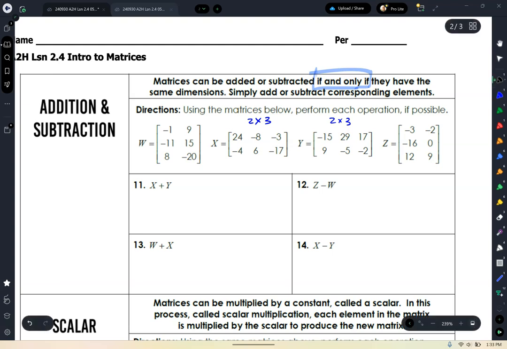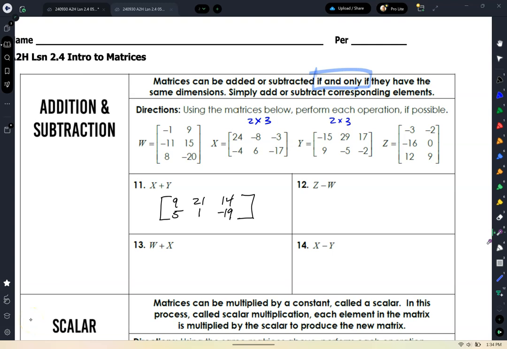Okay, so why don't you go ahead and determine what would be the 2 by 3 if we added X and Y together. Go ahead, you come up with that. Come up with this matrix right here. 9, 5, 21, 1, 14, and negative 19.